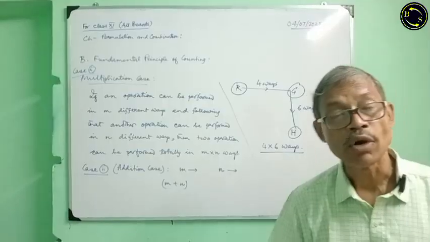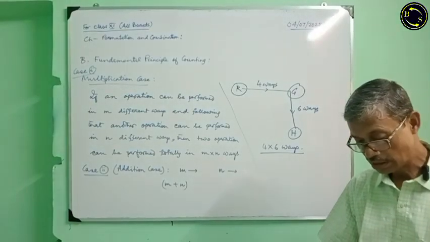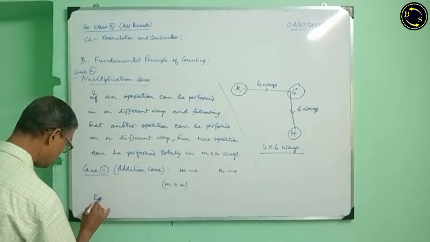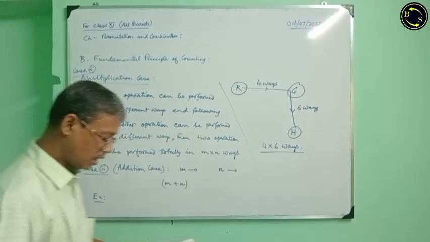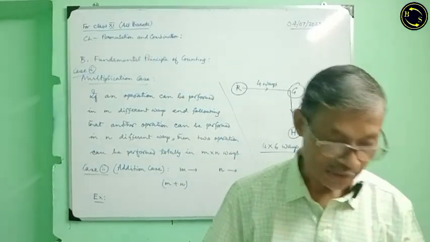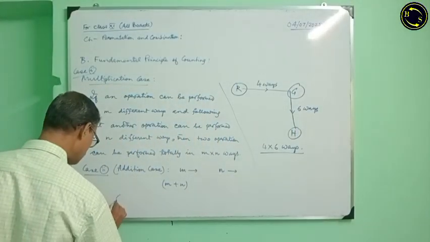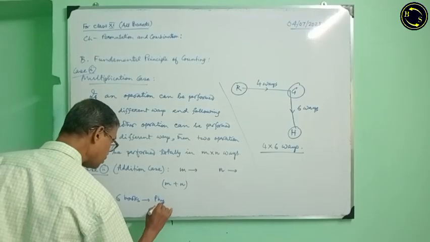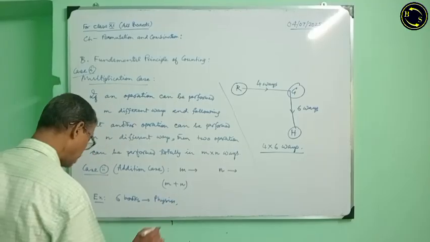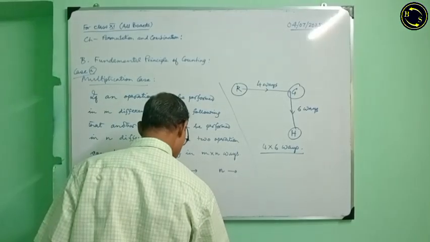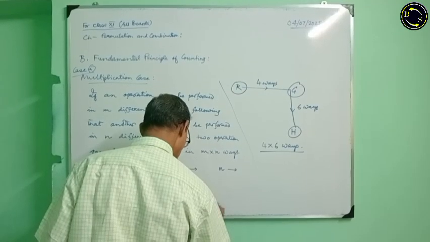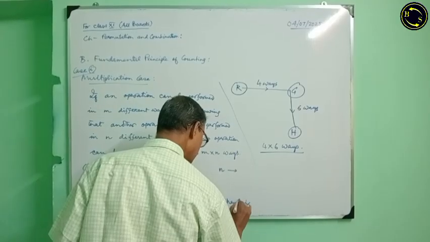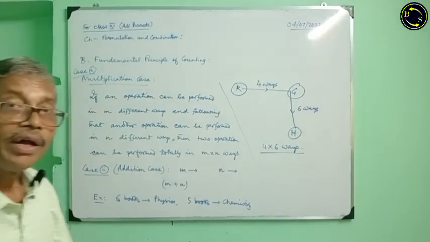Now to explain this one, I take this example. There are 6 books on physics and 5 books on chemistry in a bookshop.